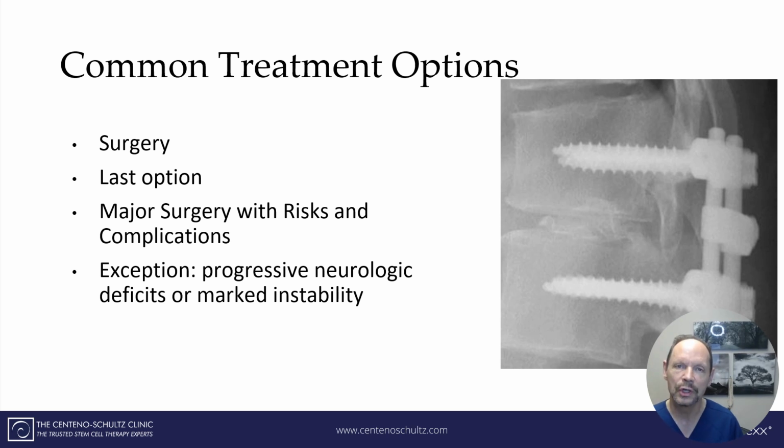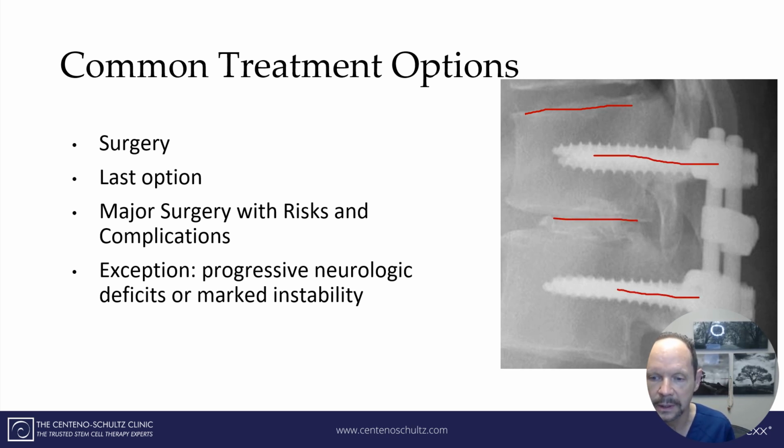Surgery is rarely indicated. It should always be the last option. And you can see here to the right, this is the thoracic spine, this is the vertebral body, and you can see a set of screws that go into the vertebral bodies, followed by some rods.